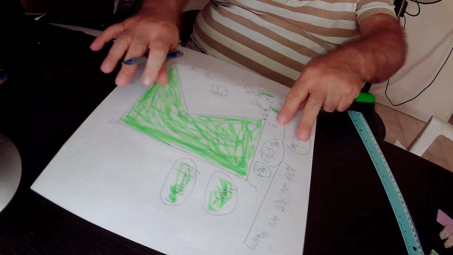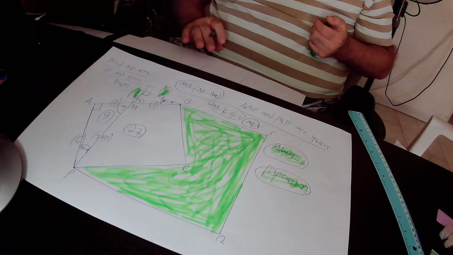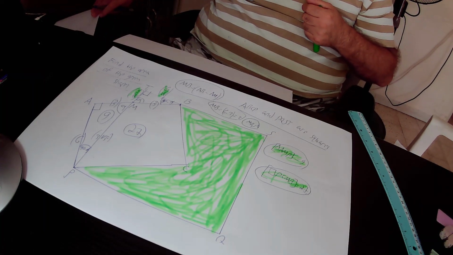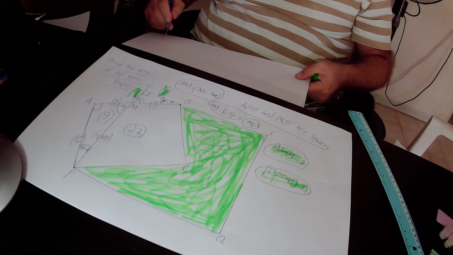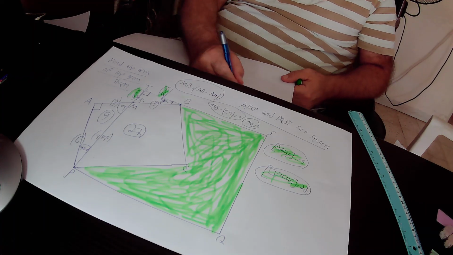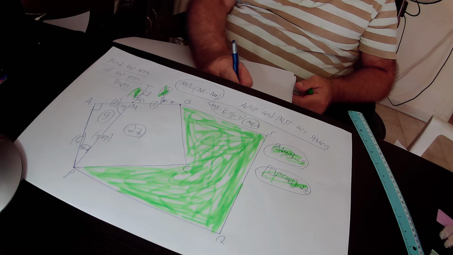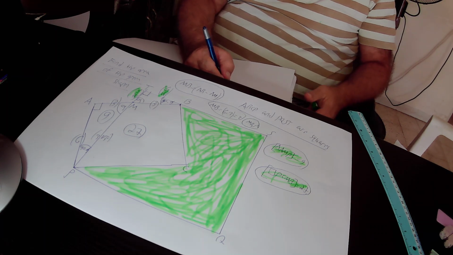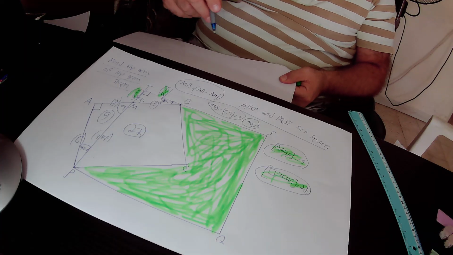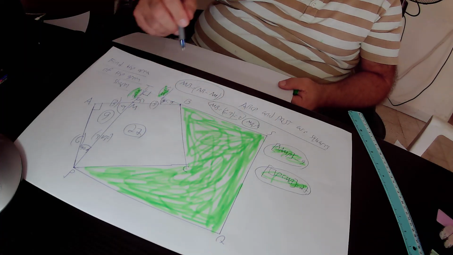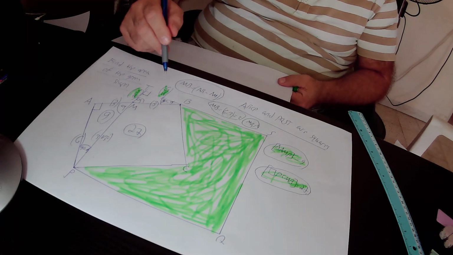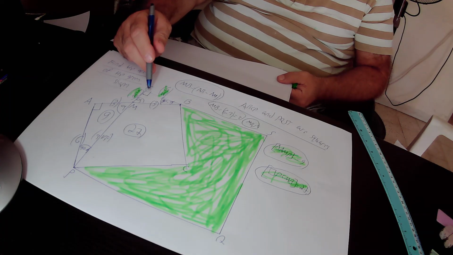Our task is to find out the area of this green shape. So, what is the area of the green shape? On the drawing, it is very easy to see that the area of this green shape equals the area of the big square TSQP minus the area of this quadrilateral MBCP minus the area of this right triangle TMB.